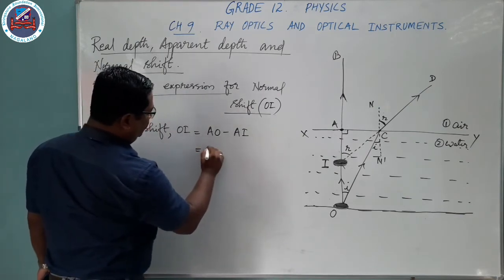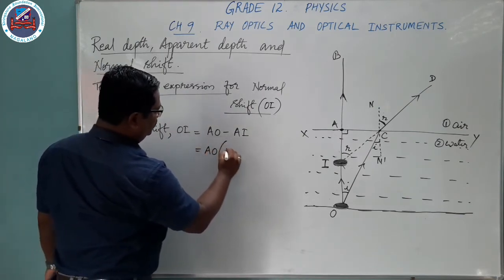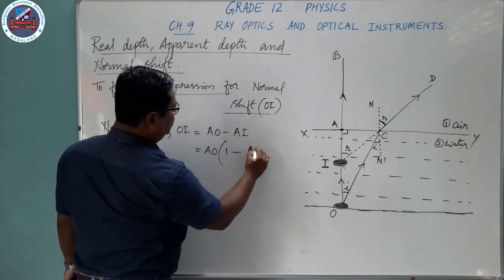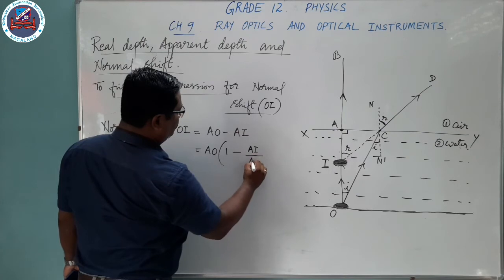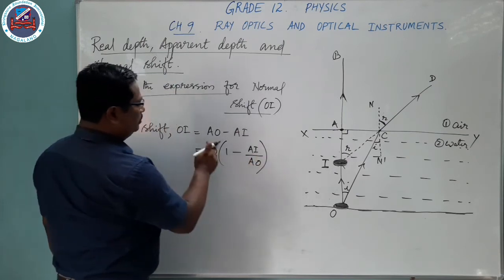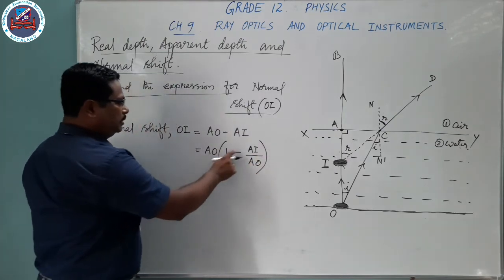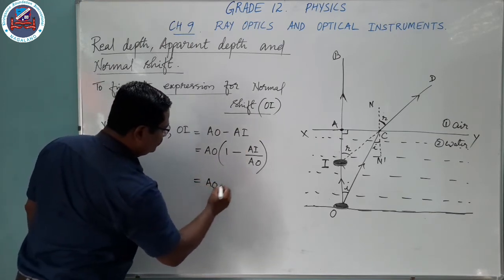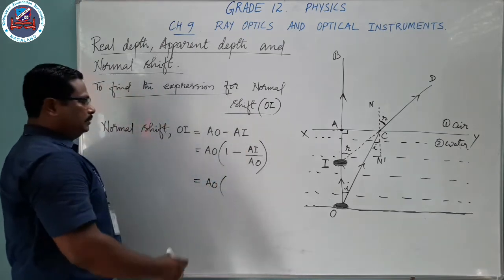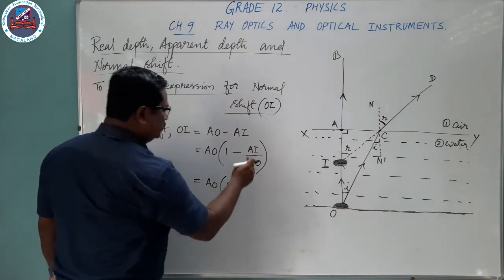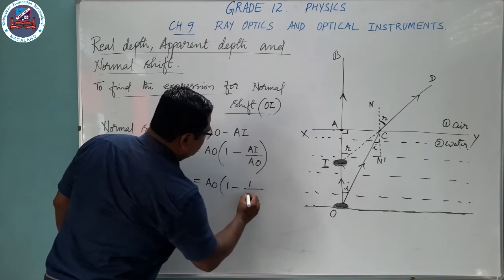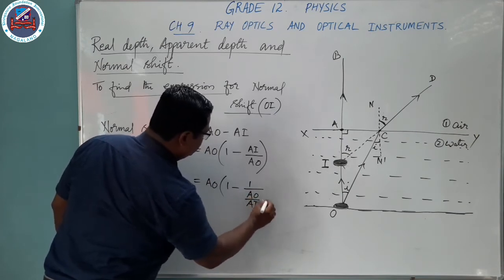If I take AO common from here, it will be 1 minus AI by AO, so that if you multiply you get AI. Then AO into 1 minus, if I do the reciprocal, 1 by AO by AI.